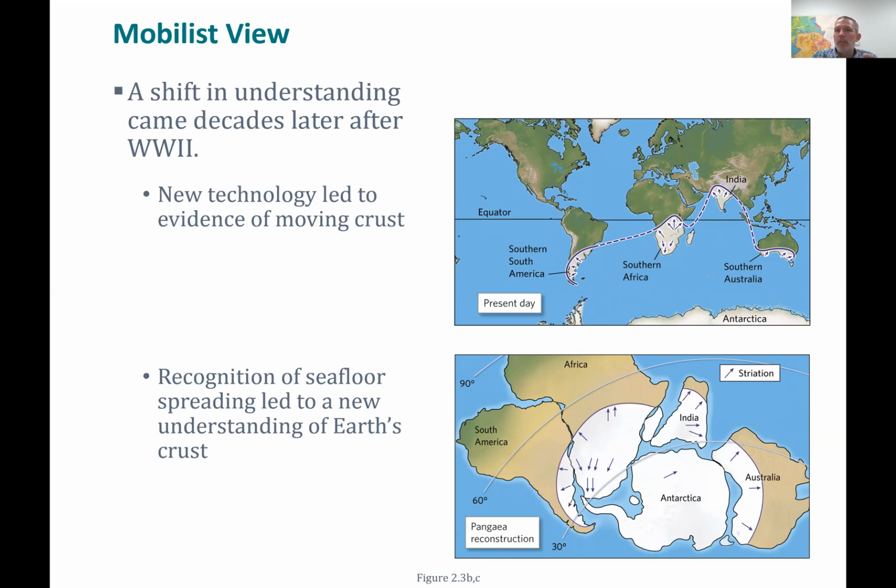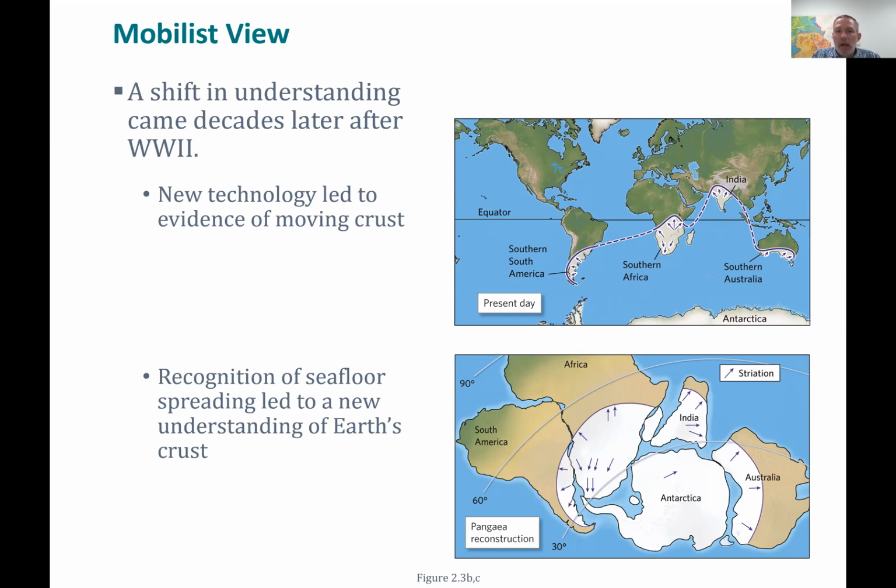We could actually send a reflector and pass that light from the United States across to Great Britain and then back again, and we can actually measure the distance using the speed of light, do that same measurement the next year, and realize it got further and further away. So that's one new technology that was developed, and it confirmed that Alfred Wegener was right. The continents were moving.